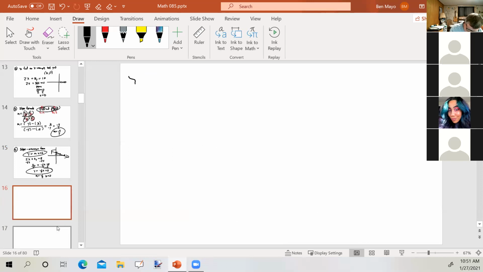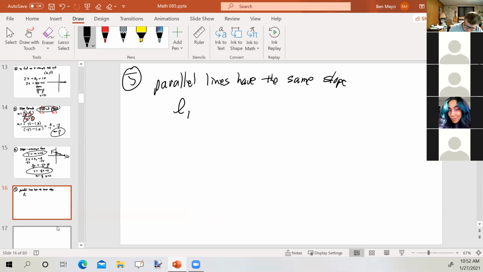All right, item number 5. Parallel lines have the same slope. So let's say that line 1 is parallel to line 2. If the slope of line 1 is 2/3, the slope of line 2 is also 2/3.